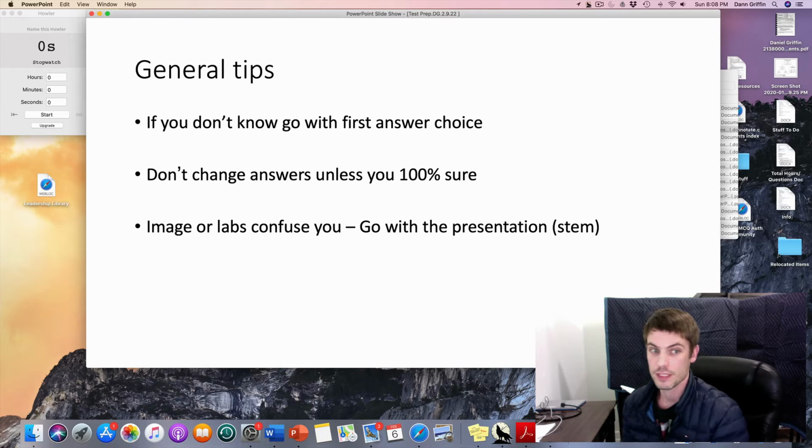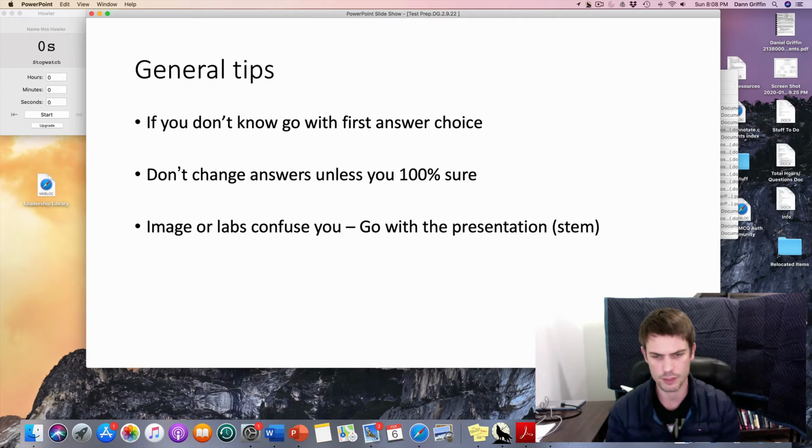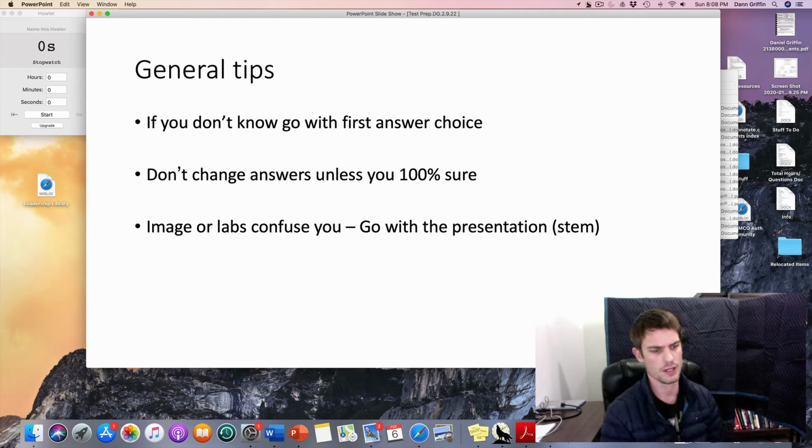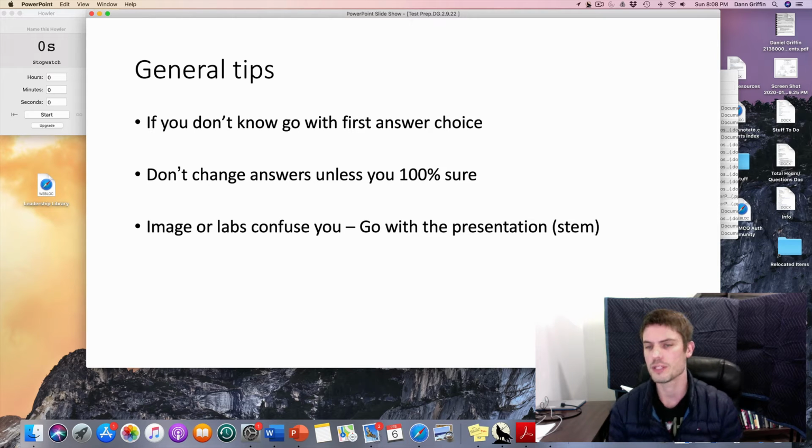And then the final thing is, if the imaging or labs or whatever you're presented, kind of outside of the STEM, or the words or the presentation confuse you, just go with what the STEM says. Meaning, if you're looking at the picture and you think that's a pleural effusion, but this STEM sure sounds like it's a PE, go with what the STEM says. So if you're confused with the image, go with what the STEM says.